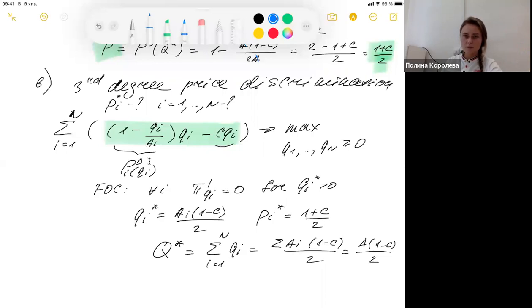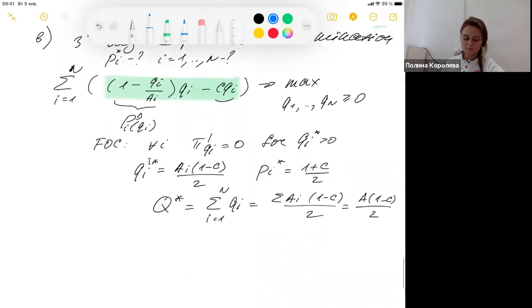So everybody is indifferent between uniform price and third degree price discrimination, because with such demands and such cost structure, we have the same equilibria.